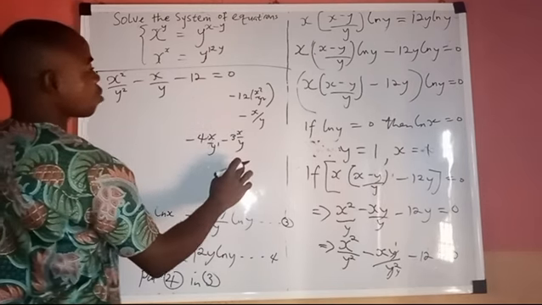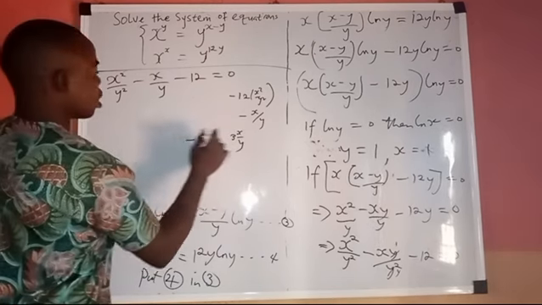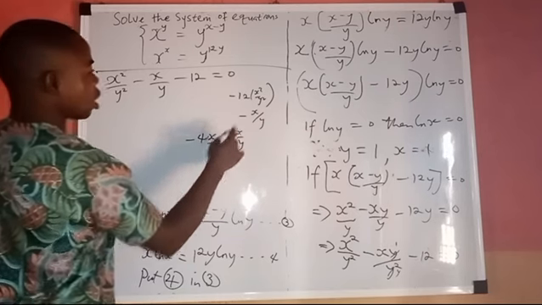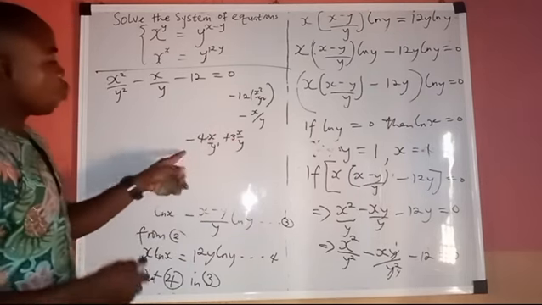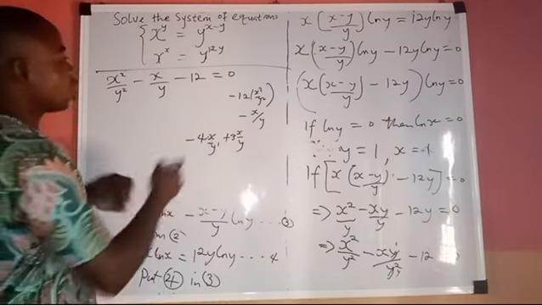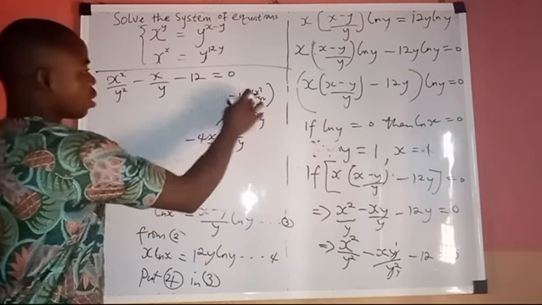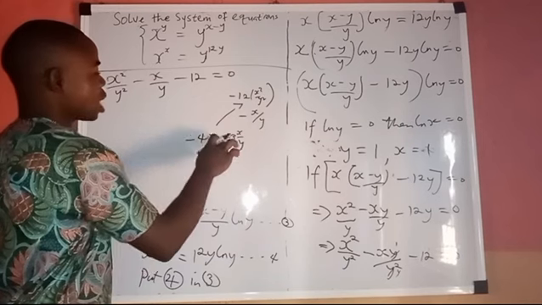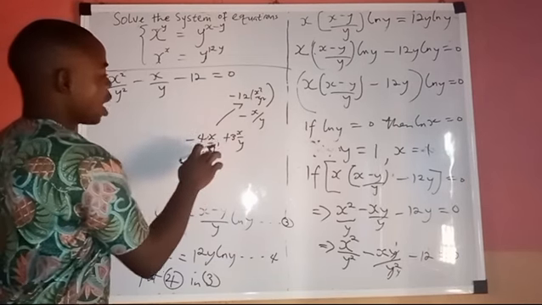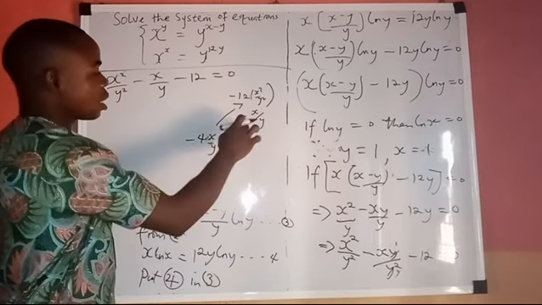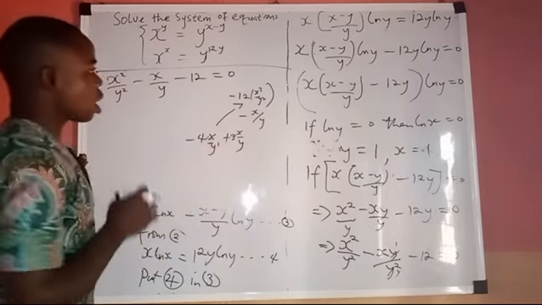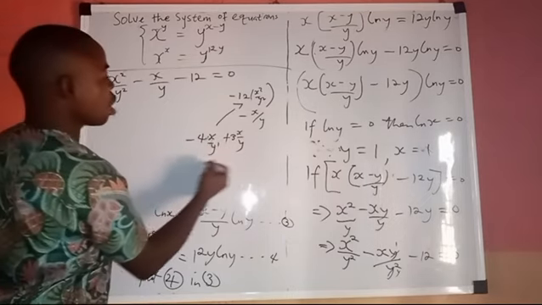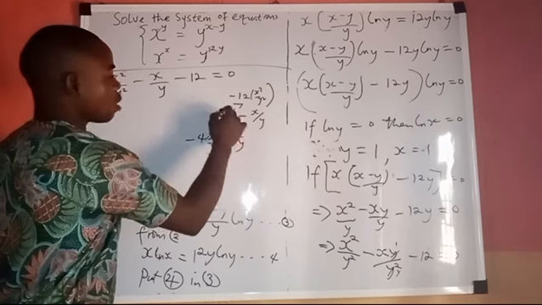One of them has to be plus, because of this. Now if we multiply these two factors, the product will give us this one, because 4 times 3 is 12, minus times plus gives minus, and x over y times x over y gives x squared over y squared. And if you sum both of them, it gives you this.